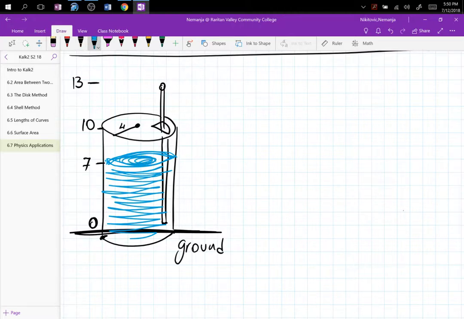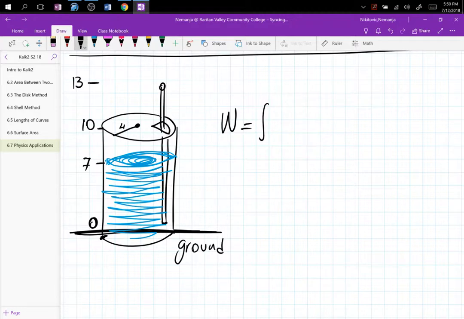So now we have this concept. Now I'm going to set up the integral that calculates the work that needs to be done for all of this liquid. Let's say this is going to be one long sip that will just drain all of this liquid out, right? So work done in this case is going to be the integral from a to b.